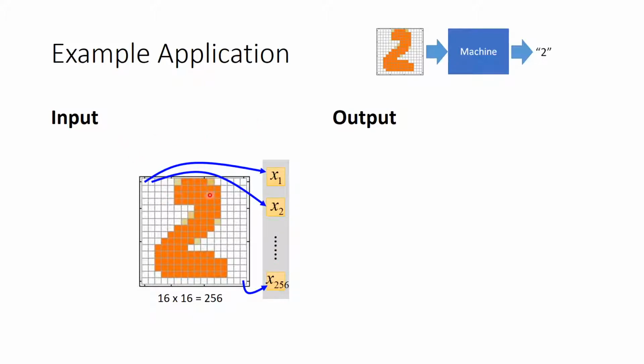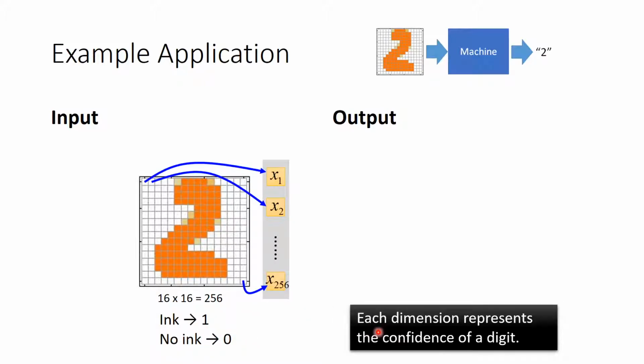If your number covers the pixel, it will be 1, and if it is empty or white, it will be 0. Yes, the ink. Each dimension represents a condition of a digit. And our output is for the numbers 0 to 9, and we can use Y1 to Y10, or you can use Y0 to Y9.